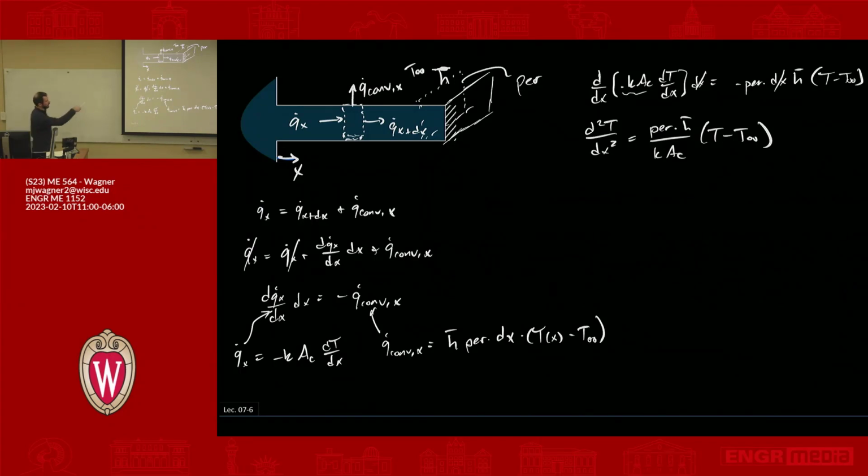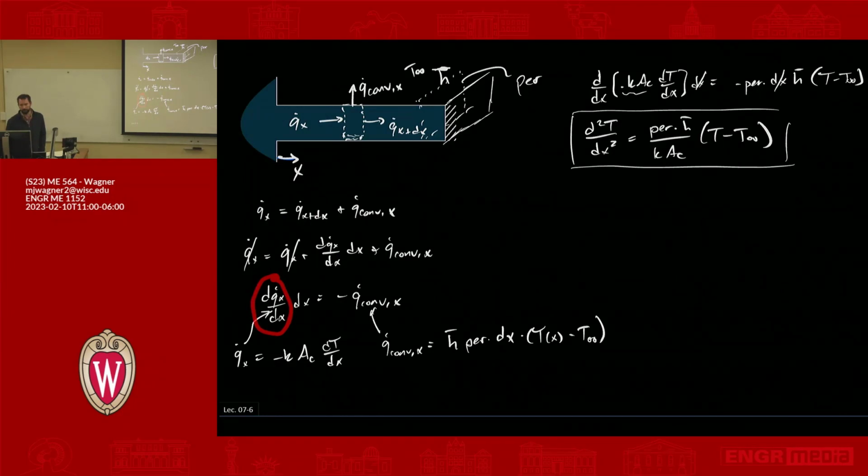Right, the minus sign on the k cancels with the minus sign on the right-hand side. All right, so this is our ODE. Any questions on how we got that far? Yeah. Why is that a double derivative? So we had, up here, we have dq dot of x, but q dot itself is dT dx. So it's d dx of dT dx.